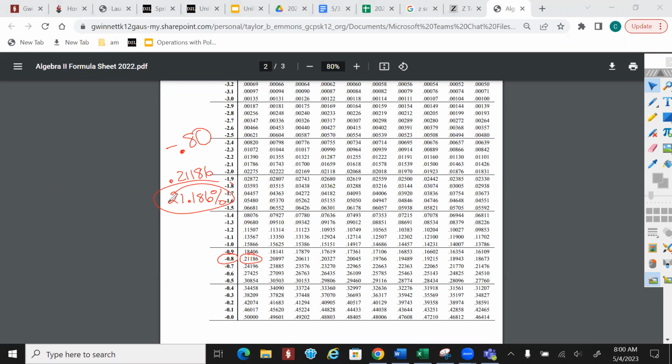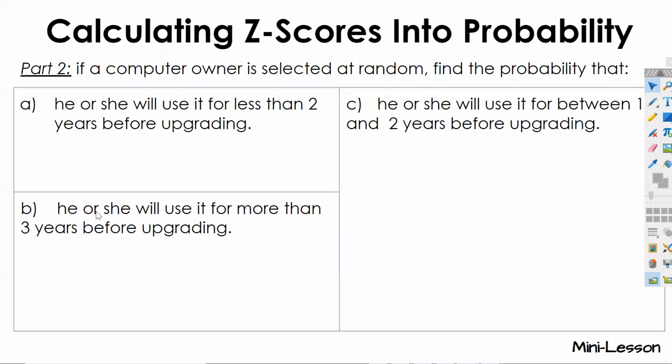Z-score tells you your standard deviation. The z-score table tells you your probability, your proportion, those words. Okay. It says he or she will be using it more than 3 years before upgrading.